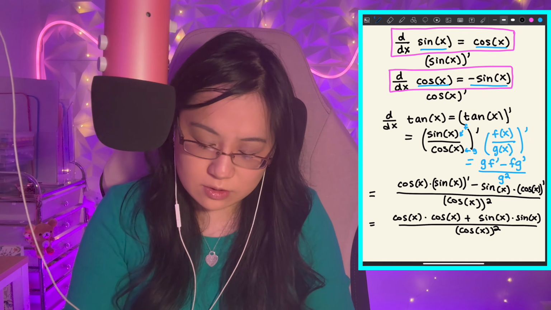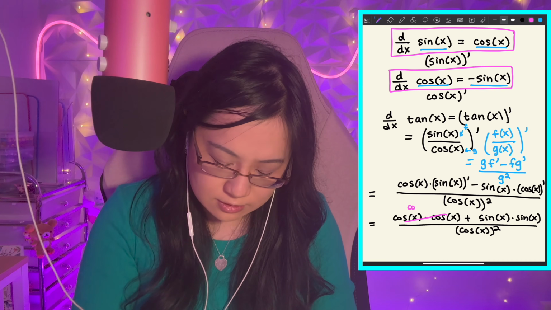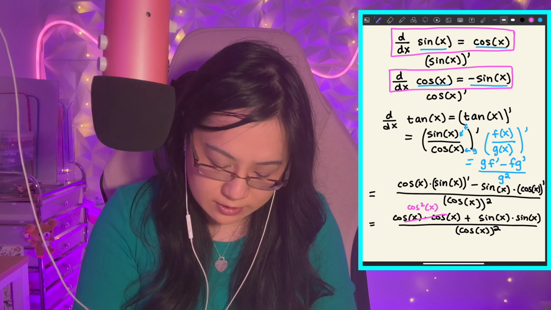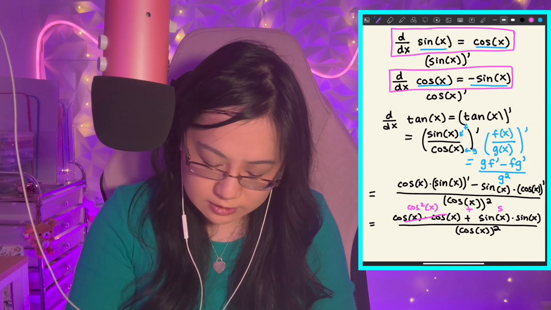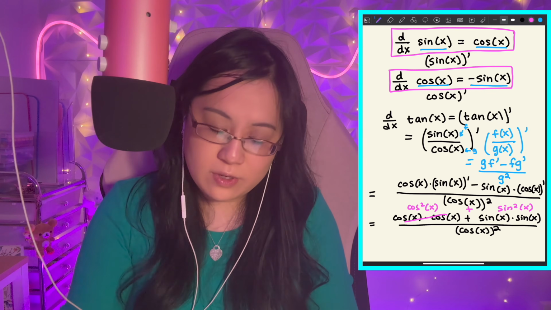Now, the numerator is cosine squared plus sine squared. So I'm just going to write that: cosine squared x plus sine squared x. And one of our very basic trig identities is that sine squared plus cosine squared, or cosine squared plus sine squared, is equal to 1.